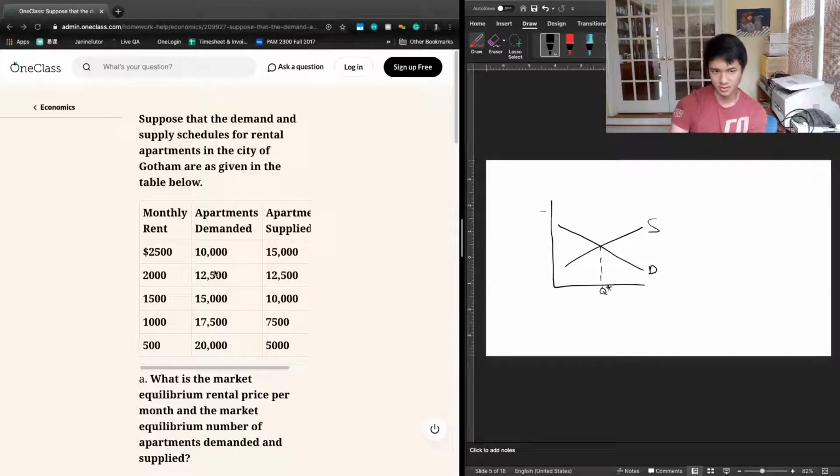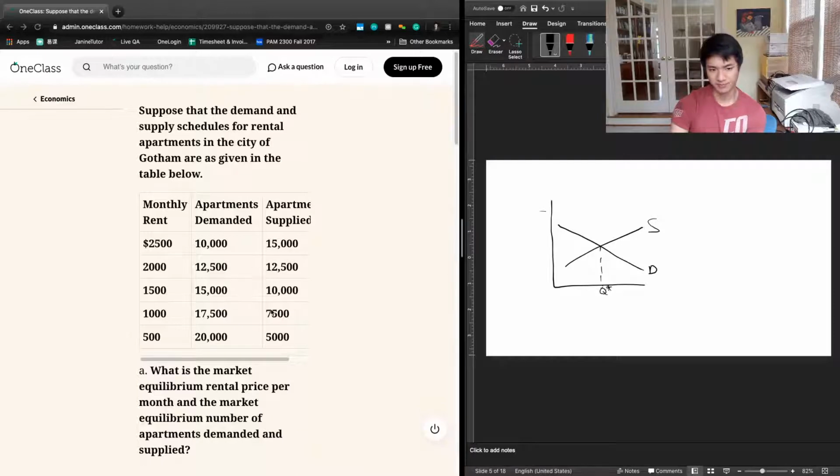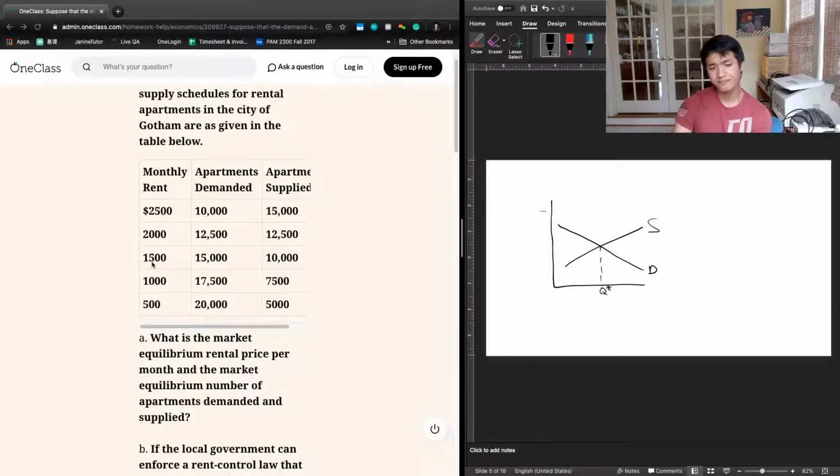So 10,000, 1,500, 12,500, right? So this is going to be the only point we can check to be sure where the overall demand and supply is going to be the same. And so the equilibrium number of apartments demanded and supplied is 12,500, and then the market price is going to be determined by that intersection, so it'll be $2,000.